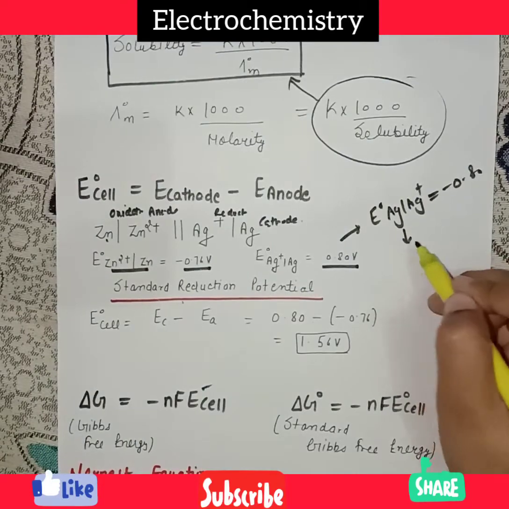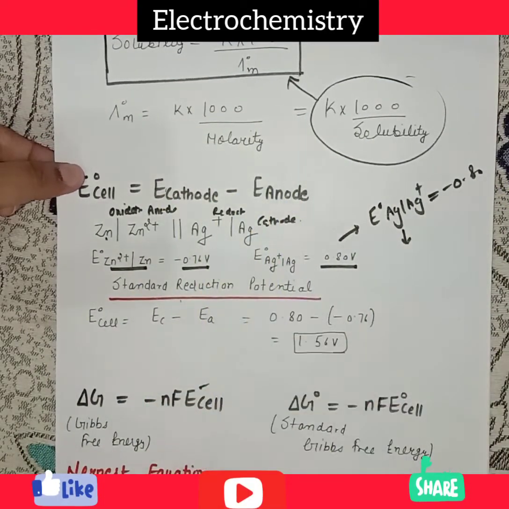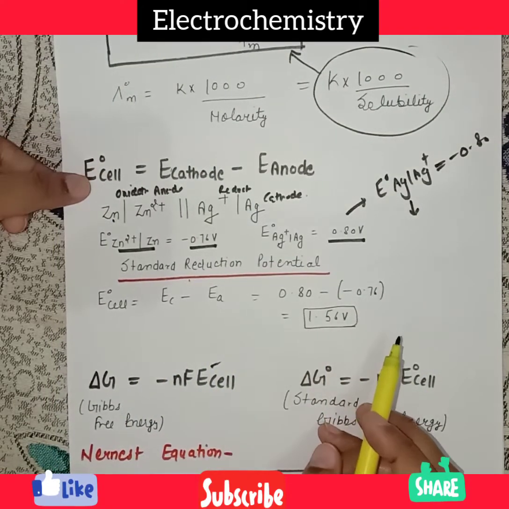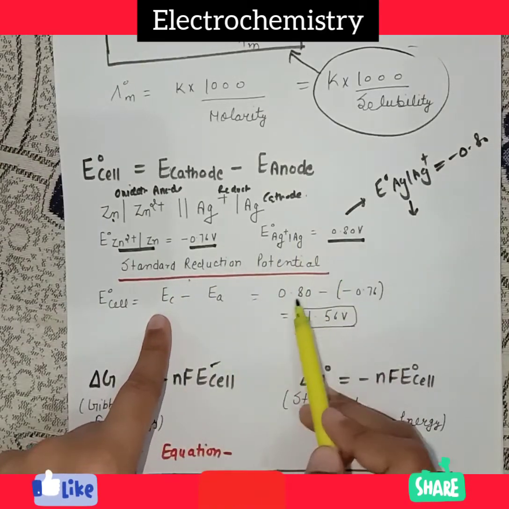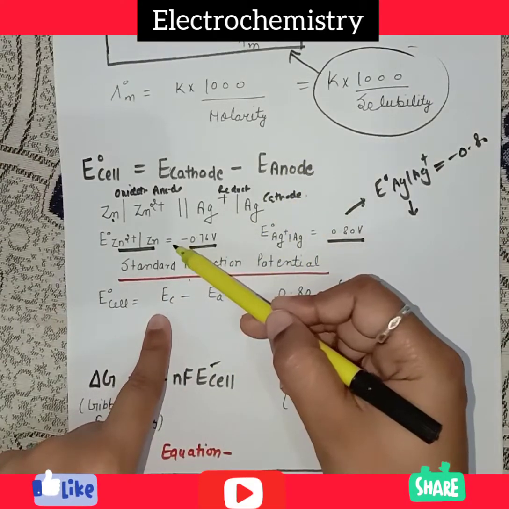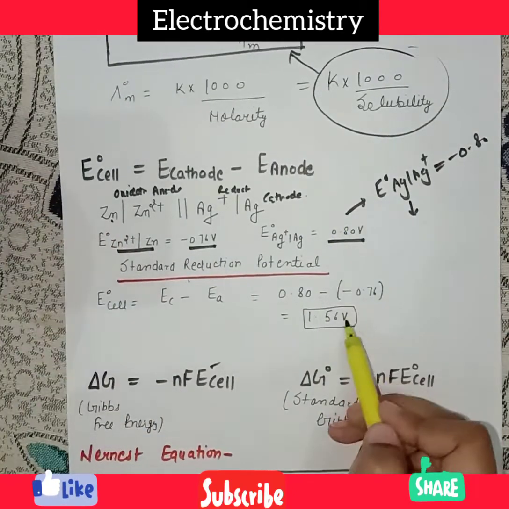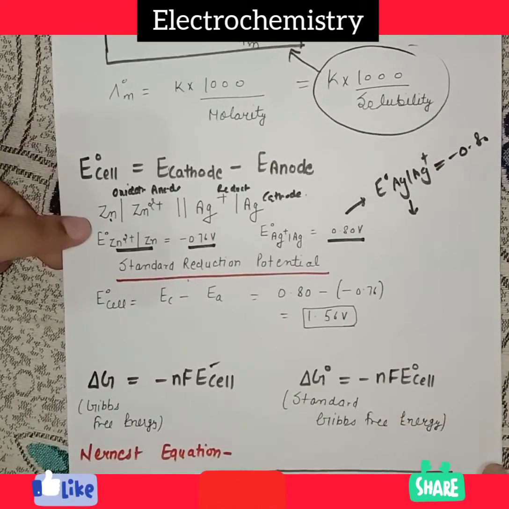So you have to convert it into standard reduction potential to put in this formula. Otherwise your value of E naught cell will be wrong. So this is E cathode, equal to 0.80, and this is E anode, 0.76. So 1.56 volt is the value of E naught cell.